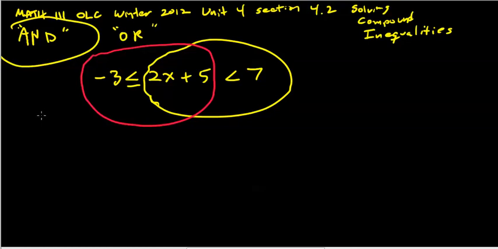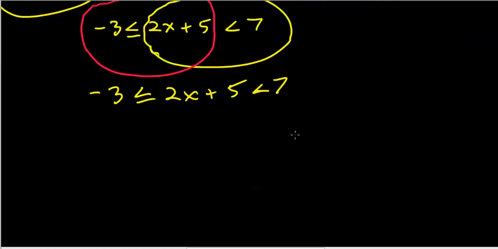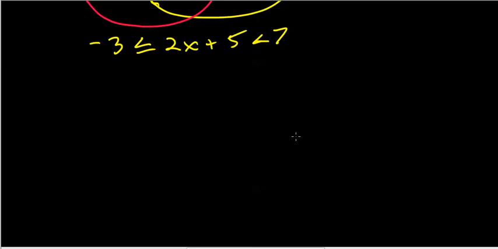Alright, and we'll do this in a method that really is a mild extension of what we talked about in section 4.1. Basically, we're going to solve both inequalities simultaneously, using similar techniques, basically adding, subtracting, multiplying, and dividing through by certain quantities. Here we want to isolate X in the middle.